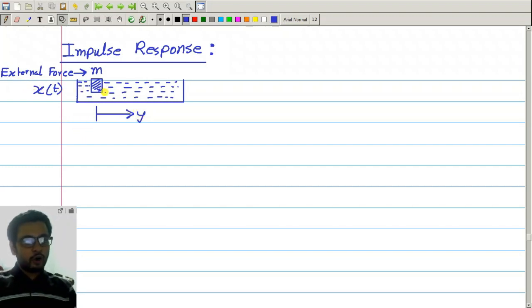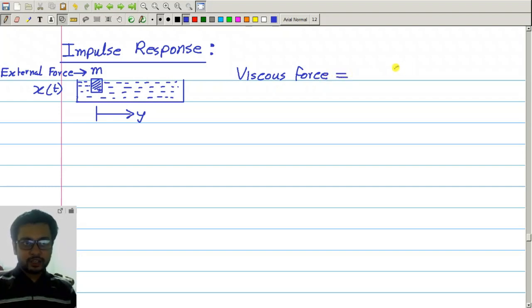Now there will also be another force acting on this float when this float moves, that is the viscous force or viscous drag, and we will assume that this viscous force is proportional to the speed of the object dy/dt multiplied by some constant, the viscous constant, and let's put a minus sign to indicate that this force acts in the direction opposite to the velocity or speed.